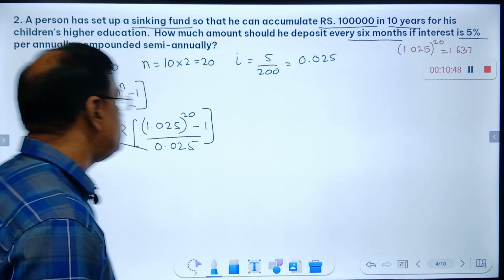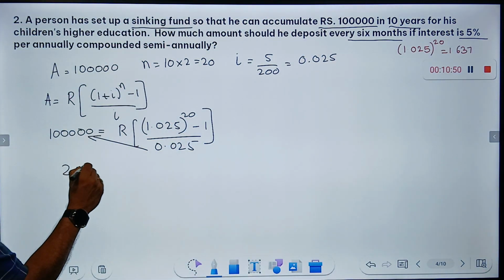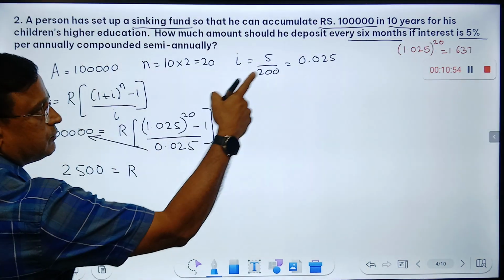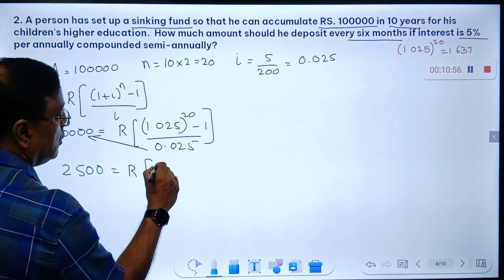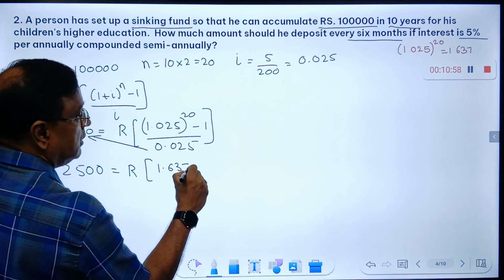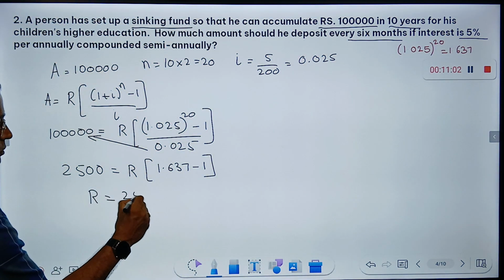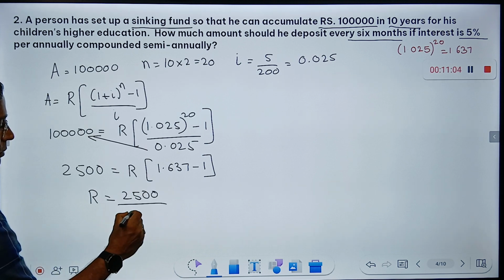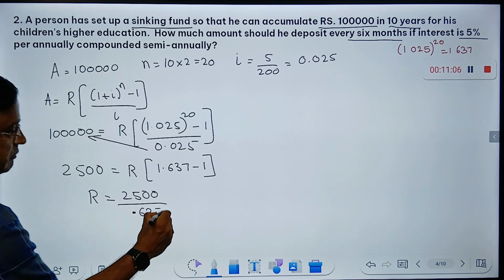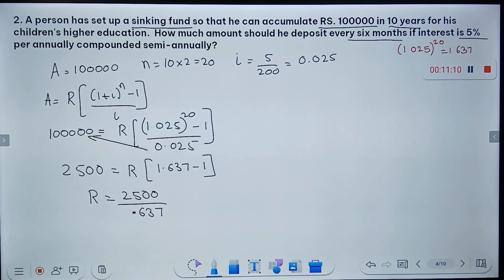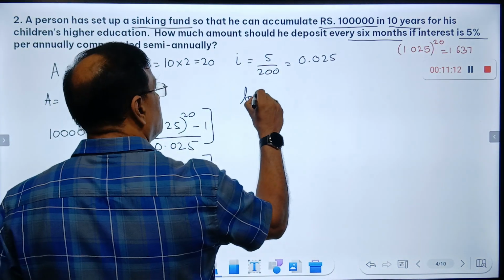It is around 2500. That's easy multiplication. R into, already this value is given. What is that? 1.637 minus 1. So what is R equal to? 2500 divided by 0.637. You can do the shortcut method or use logarithm. I prefer to use logarithm.